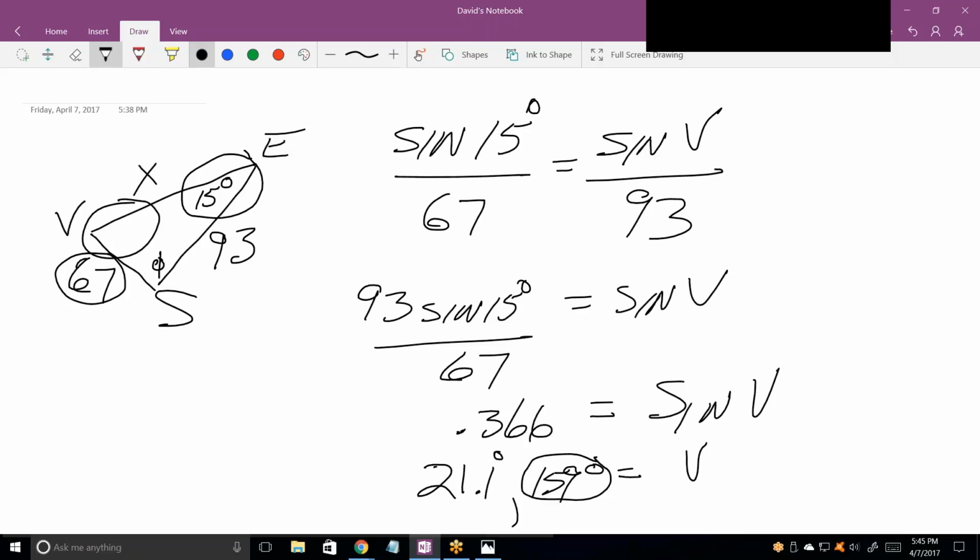Does the 159 degree angle fit? Yes. It does. In other words, all it has to do in order to fit is be less than 180 when added to the 15 degree angle. Right. And what that triangle looks like is this.